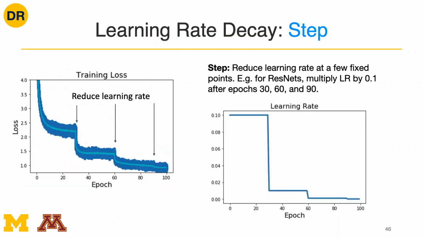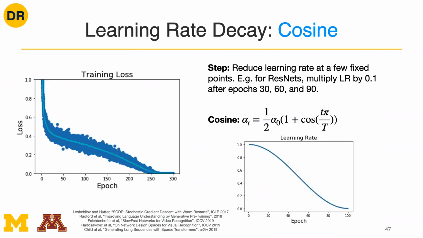So one way to do that is to have a schedule that says, I'm going to reduce the learning rate after a set of epochs. Let's say at 30, 60, and 90, I'm going to multiply the learning rate by 0.1. If you do that, this is the pattern that you will generally see for the loss with respect to the training time. You can also do something that is smoother than that, using a cosine function.